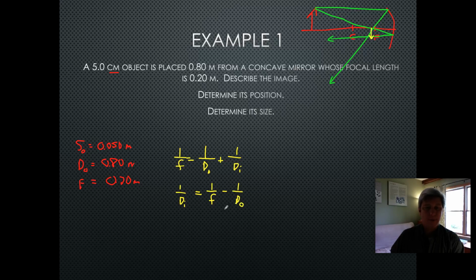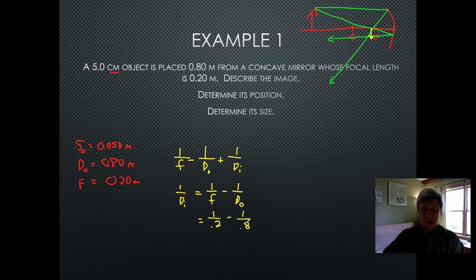All right. In this case, I'm just going to do a quick plugging and chugging because I know you guys hate fractions. So 1 over 0.2, all right, minus 1 over 0.8, all right.